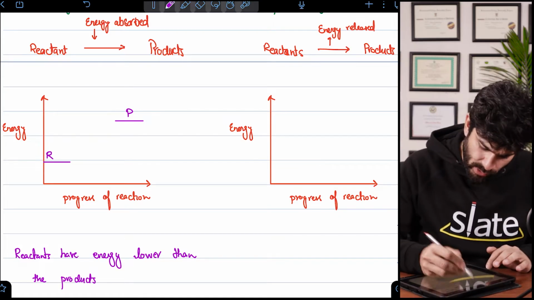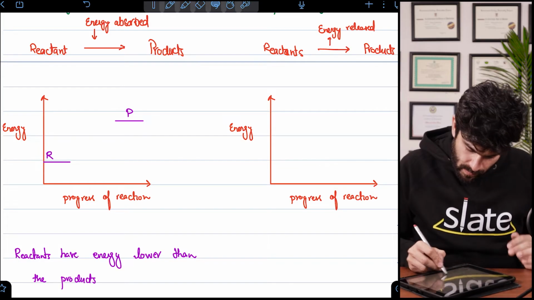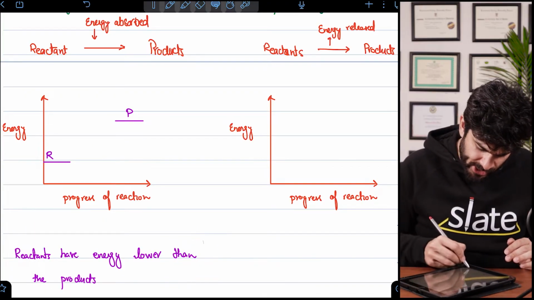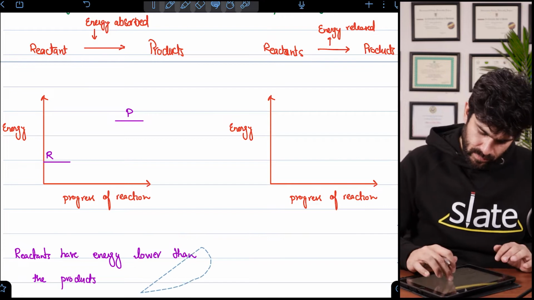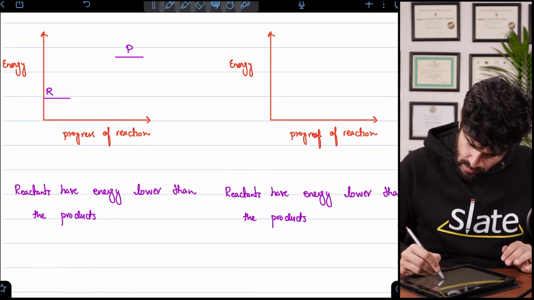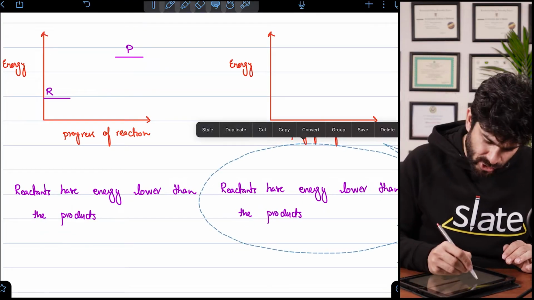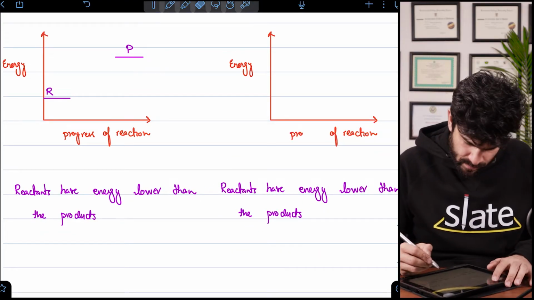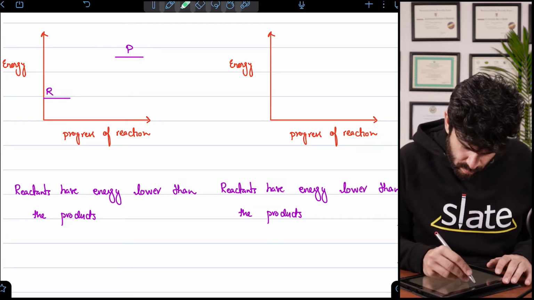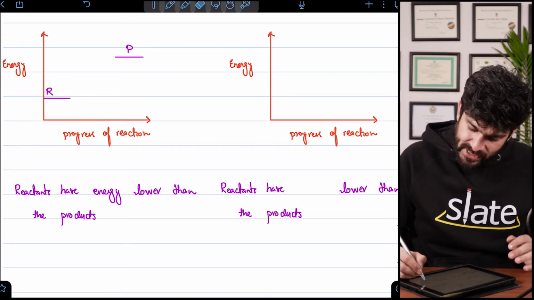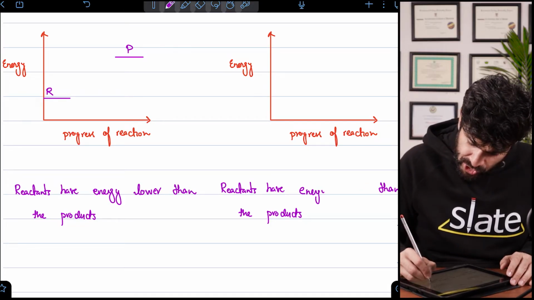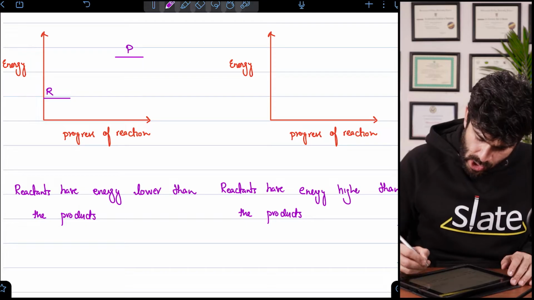And when we talk about the exothermic, where the energy was released, in the case of exothermic reaction, students, the reactants have energy higher than the products. Why?